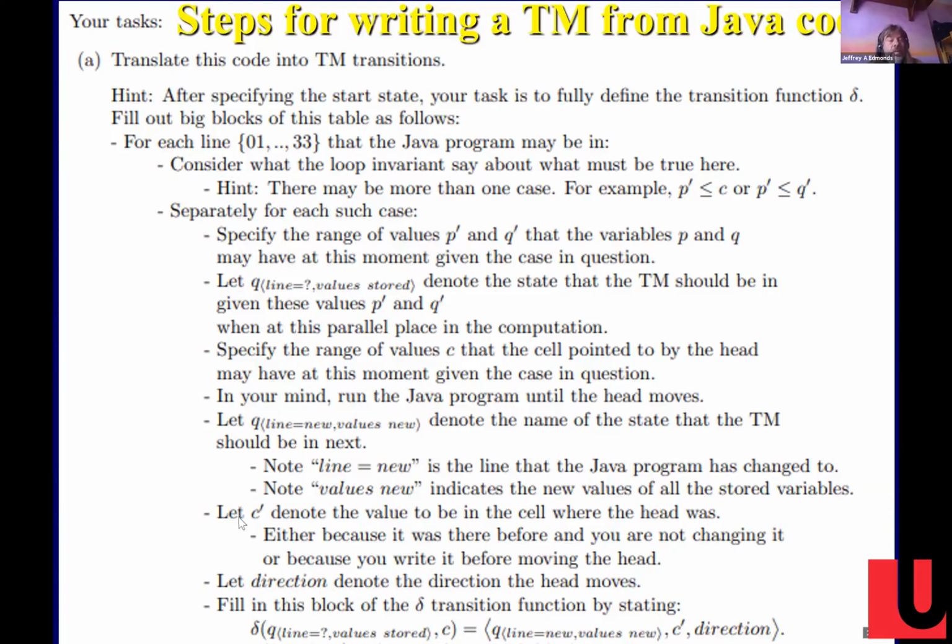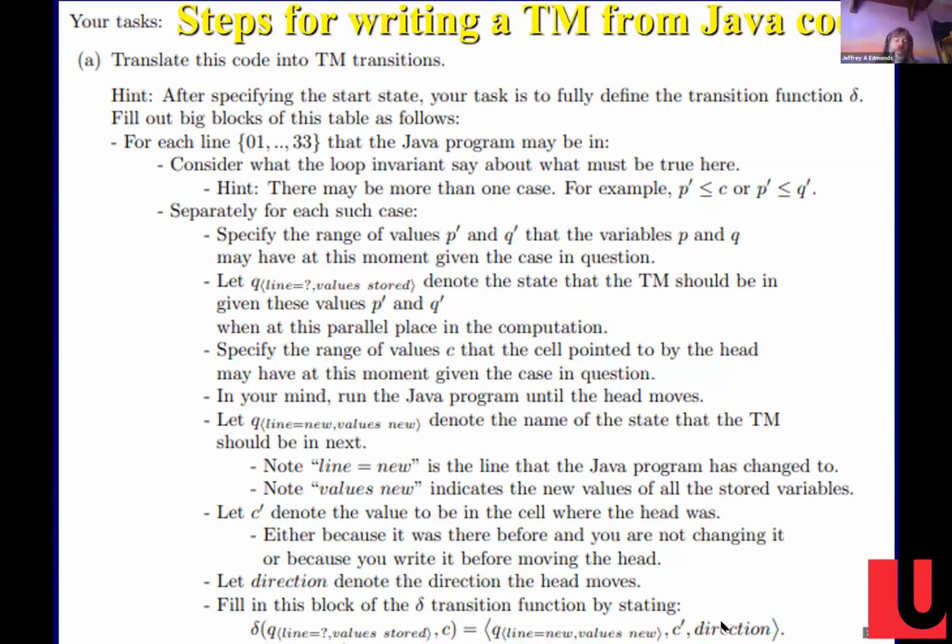Okay, next, just before you move the head, we ran the code until you're going to move the head. Just before you move the head, you write a new value into the tape. So I'm letting C prime be the value that is going to be written into the tape. See, here it is down here, the value that gets written into the tape. Now, let's be fair, there are two situations. Maybe it was the same value that was there before, and you don't want to change it.